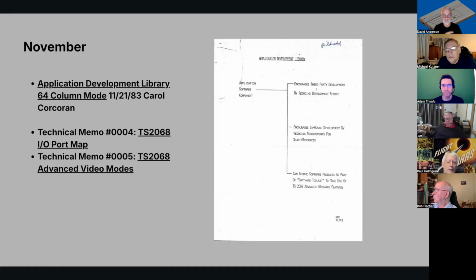Again, in November, they're still working on making stuff available like this 64K column mode. This is actually the cover page to this application development library. These were tools that they could share with developers and their own in-house folks to use the advanced hardware features.